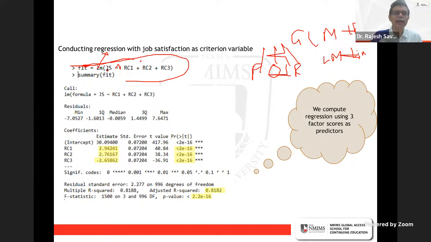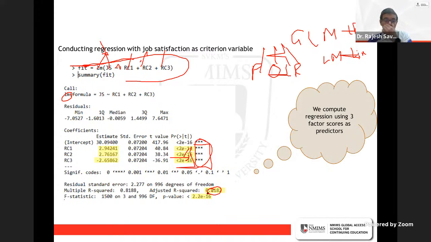So the code is very simple. You have this small tilde here, job satisfaction, and you're regressing on RC1, RC2, RC3, which are the three things that we have observed. LM is now linear regression. If you notice here, all of them are explaining a very high variation. Sorry, significant value: 10 to the power minus 16, 10 to the power minus 16, 10 to the power minus 16, which means all of them are significant, and the adjusted R square is 81, which is huge.